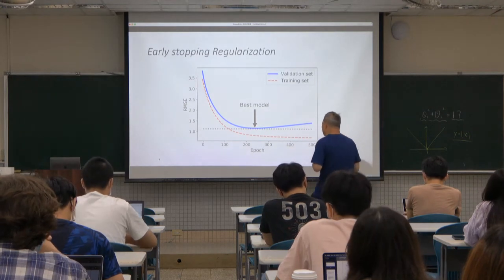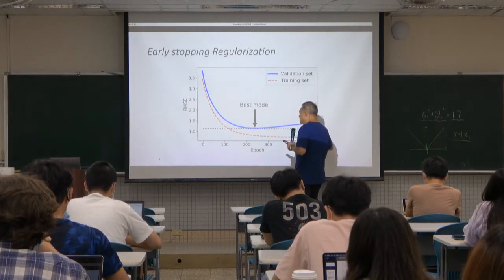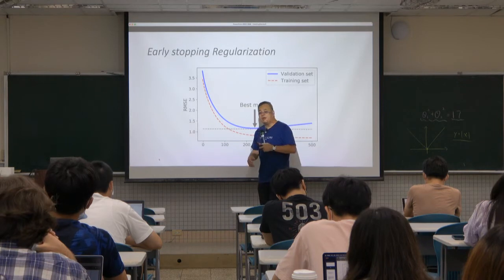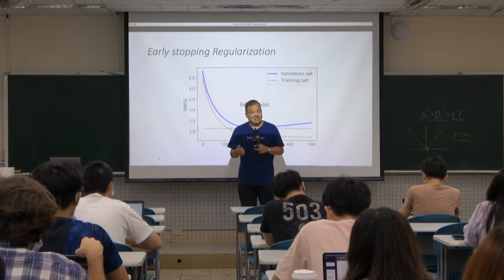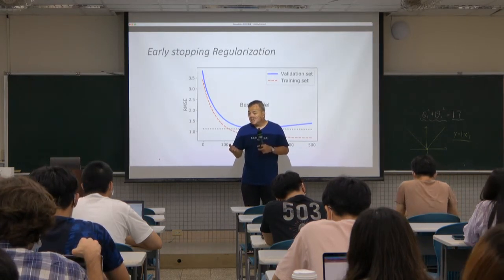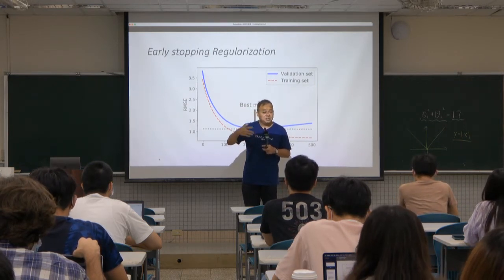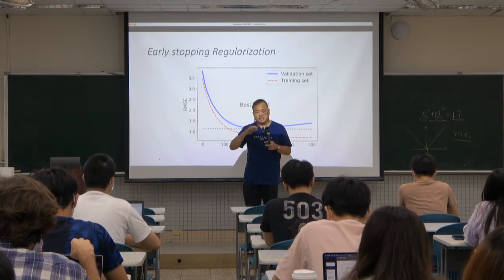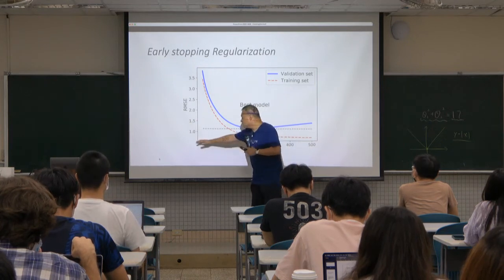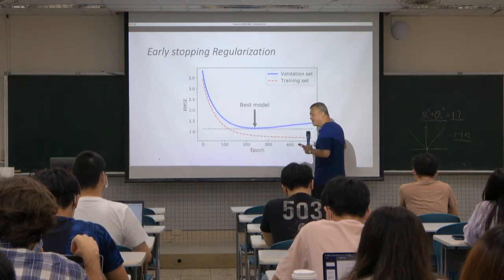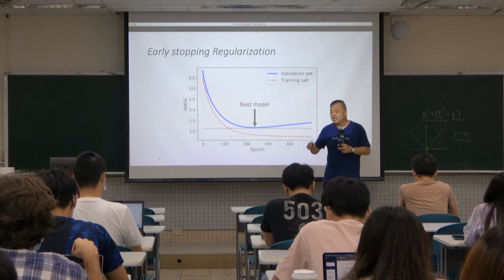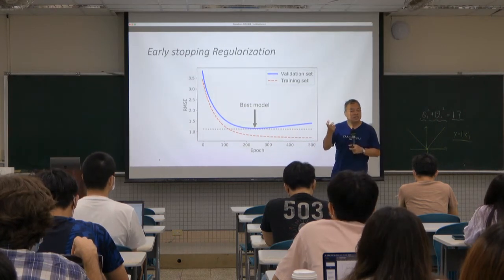Let's look at this. Remember I told you about the learning curve. There are a couple of ways to represent a learning curve. Previously, the x axis for the learning curve that I talked about was the size of the training data.